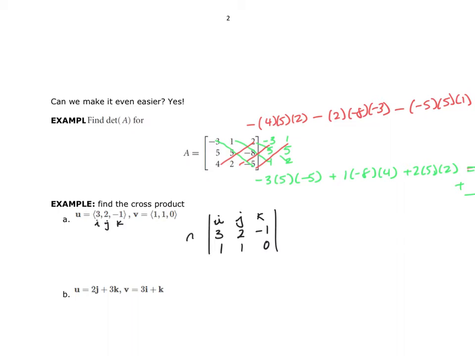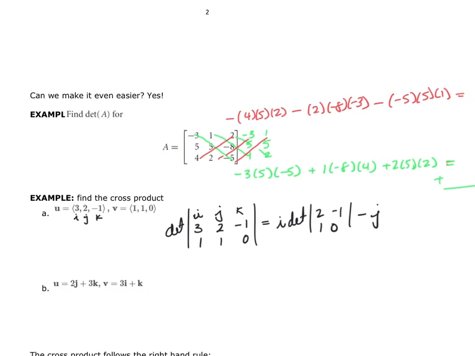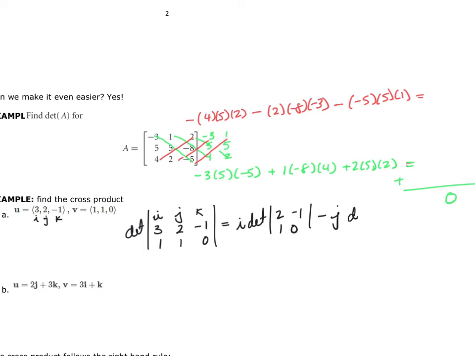So I'm going to find the determinant of this. This will give me an IJK. So I have I multiplied by the determinant of my smaller matrix, 2, negative 1, 1, 0, minus J multiplied by the determinant of my smaller matrix, which is 3, negative 1, 1, and 0.